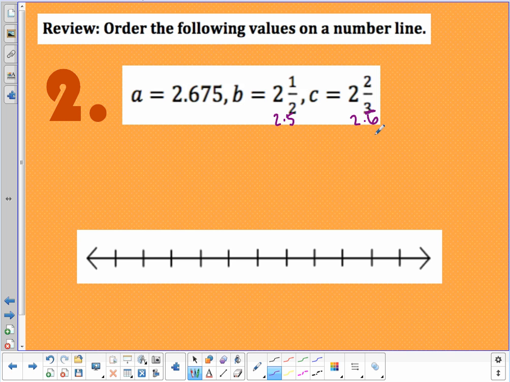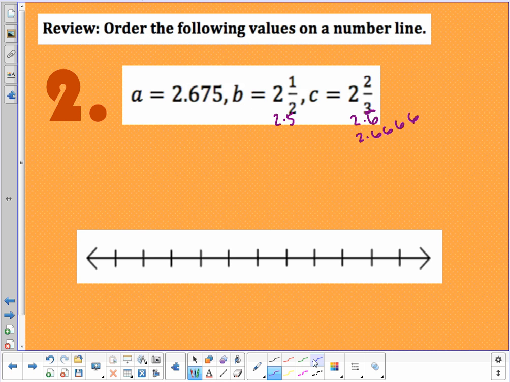If you don't remember that, that repeating bar is what that line is called. The bar over the top of a number means that it goes on and on and on forever. 2.6666 and so on. So now on my number line, I needed a number between 2 and 3. And really, I'm only concerned about between 2.5 and 2.675. But I'll just go 2 to 3.